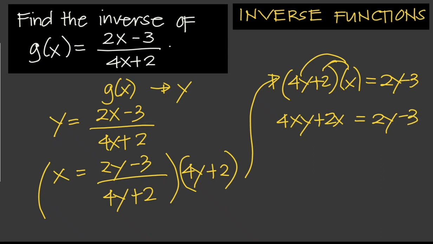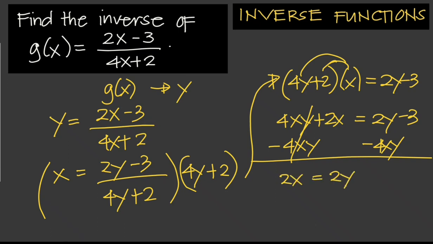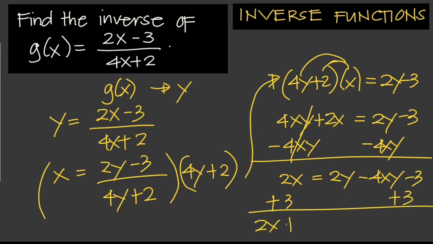So, okay, then we subtract 4xy from both sides. This cancels out, so we're left with 2x equals 2y minus 4xy minus 3. And then we add 3 to both sides. Then we have 2x plus 3 equals 2y minus 4xy.